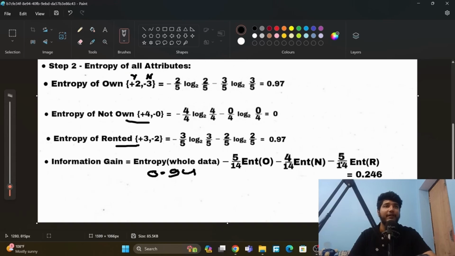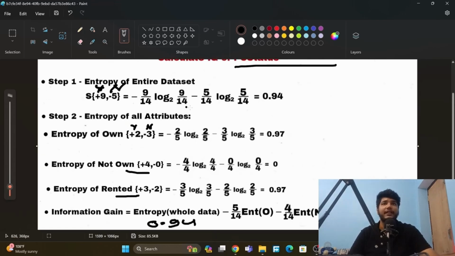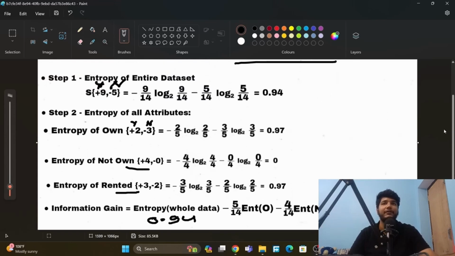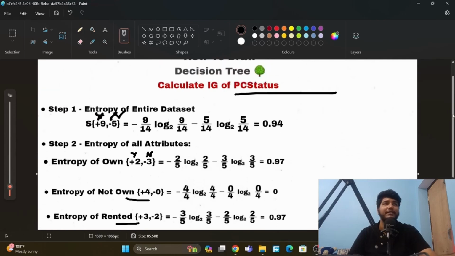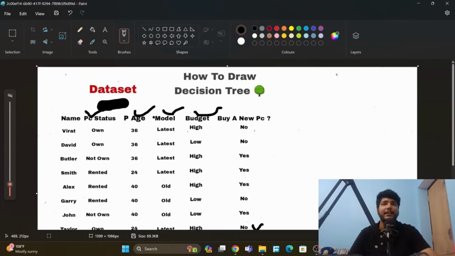We do the same thing for this, 5 by 14, where 5 is the total yes or no and 14 is the total data set, and we multiply with the entropy of rented, and we get this value. We will do the same thing for every attribute. We have done PC status first, and we will do the same for percentage, model, and budget. These 3 things we will do also.